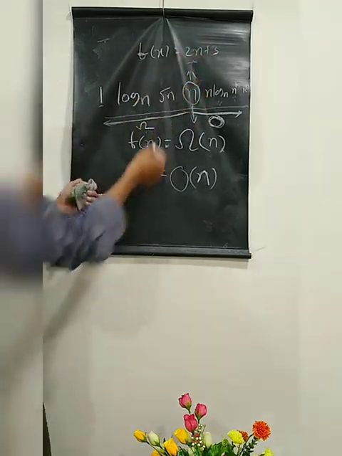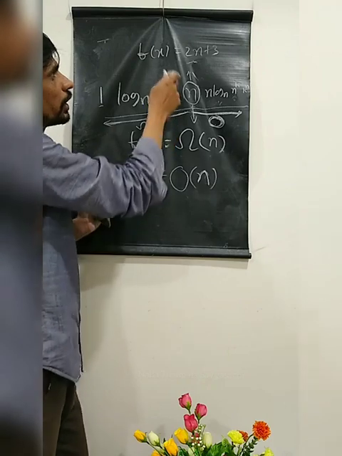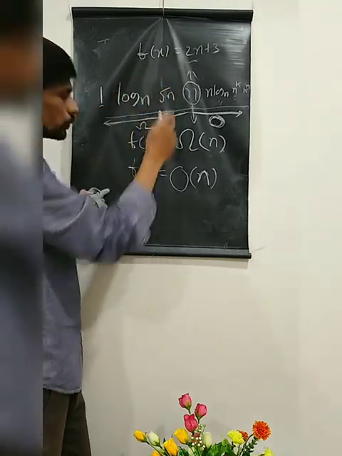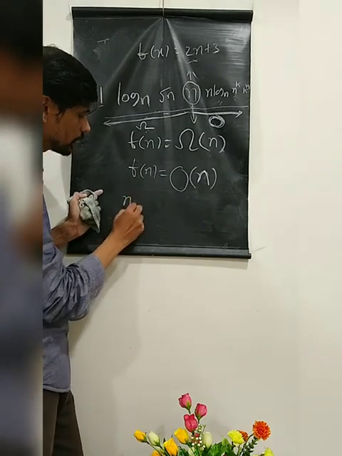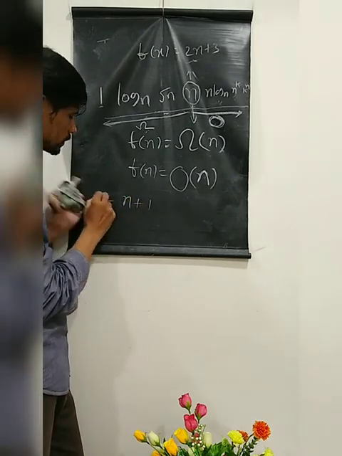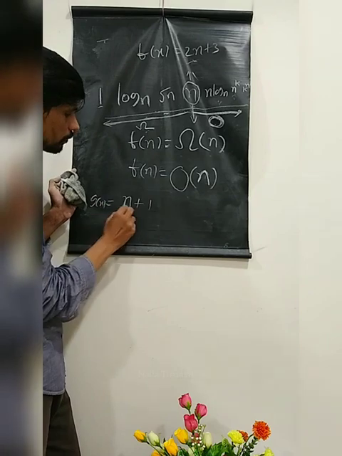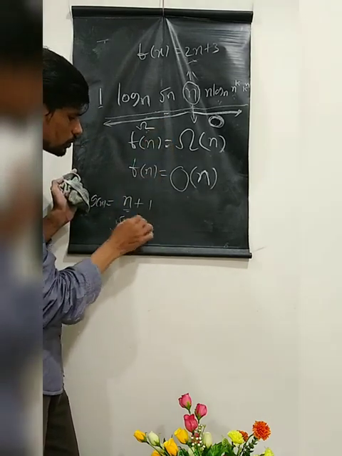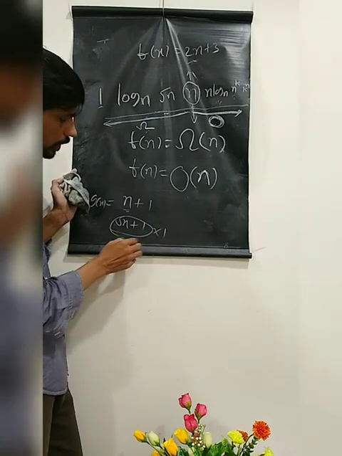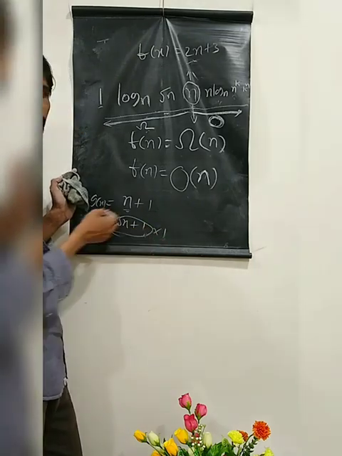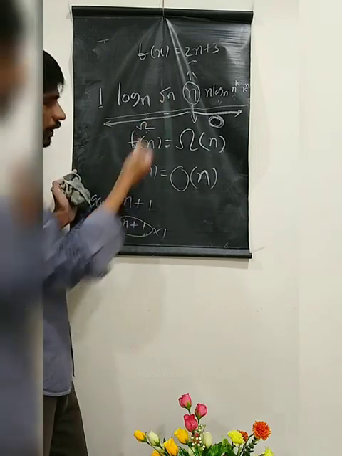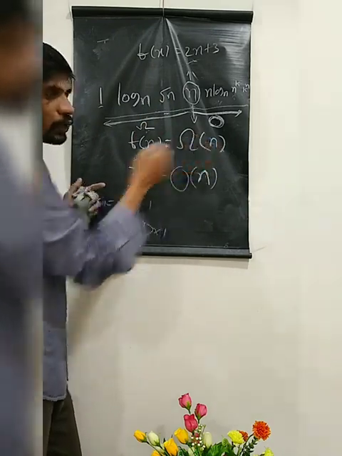In the same way, root n can be my big omega of this function, because of what we did previously with n plus 1. This is my g of x. Instead of n, if I replace n with root n plus 1 and multiply with the constant c, this will also produce a lesser value compared to f of x. So root n can also be my big omega.